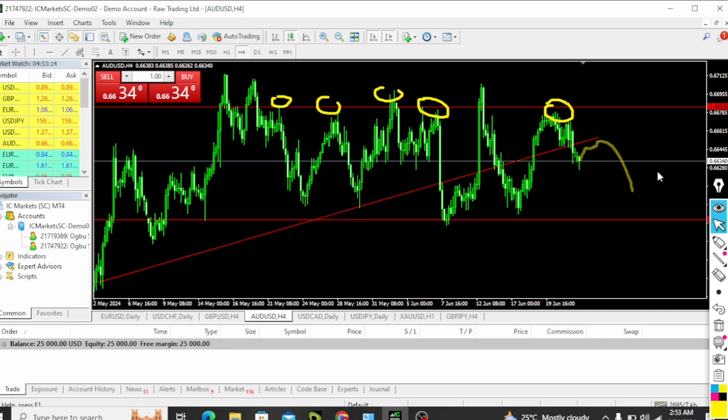So we are expecting the currency pair to fall. We are not interested in the reason why it should fall, but we are using technical analysis to attempt to understand what is actually happening behind our back.